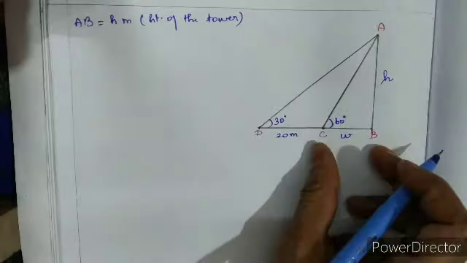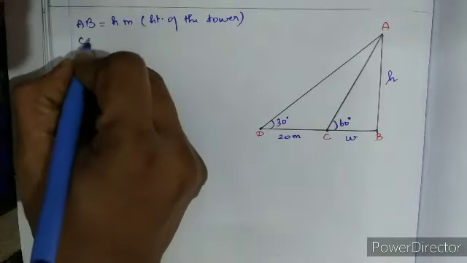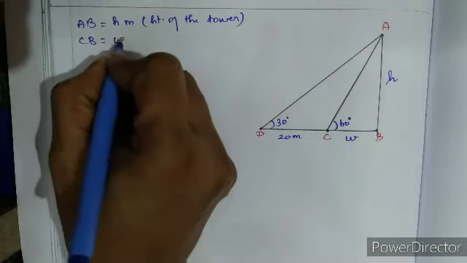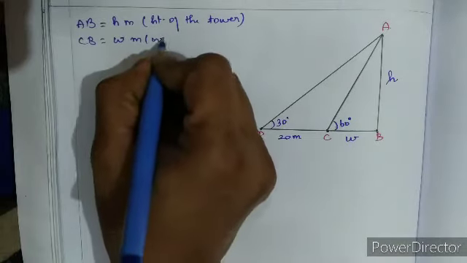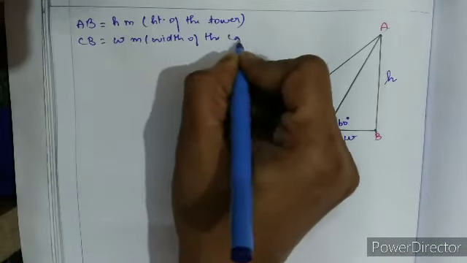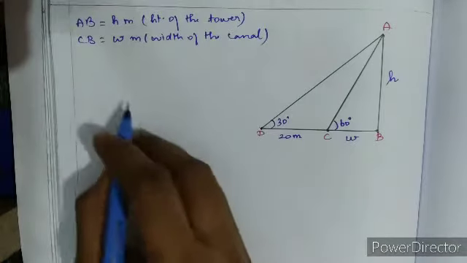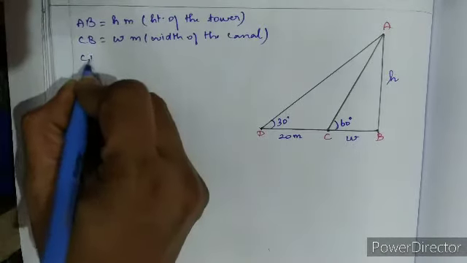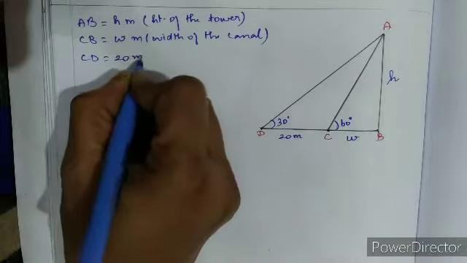And CB is the width of the canal. CB is equal to W meters. And it is given CD is equal to 20 meters.